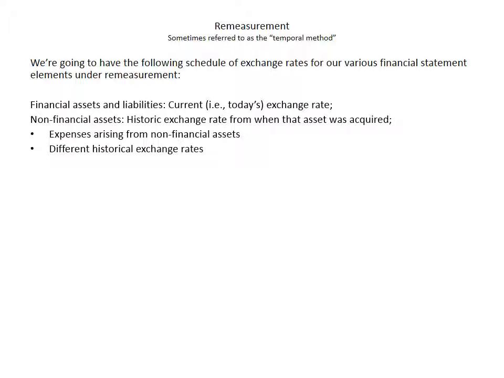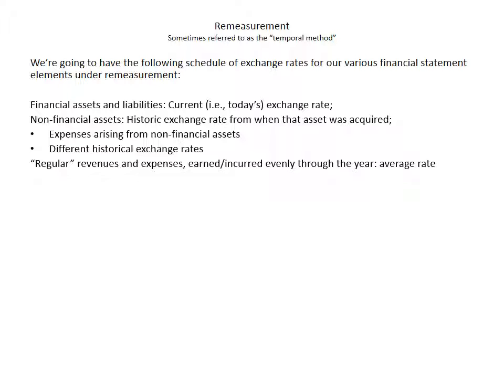If they acquire more on March 17th, 2016, we'll have to use the March exchange rate for converting that asset forevermore and the related accumulated depreciation and depreciation expense. So we can run into a problem where we have rather elaborate schedules of different categories or groups or pieces of non-financial assets, all of which need to be converted at different historical exchange rates.